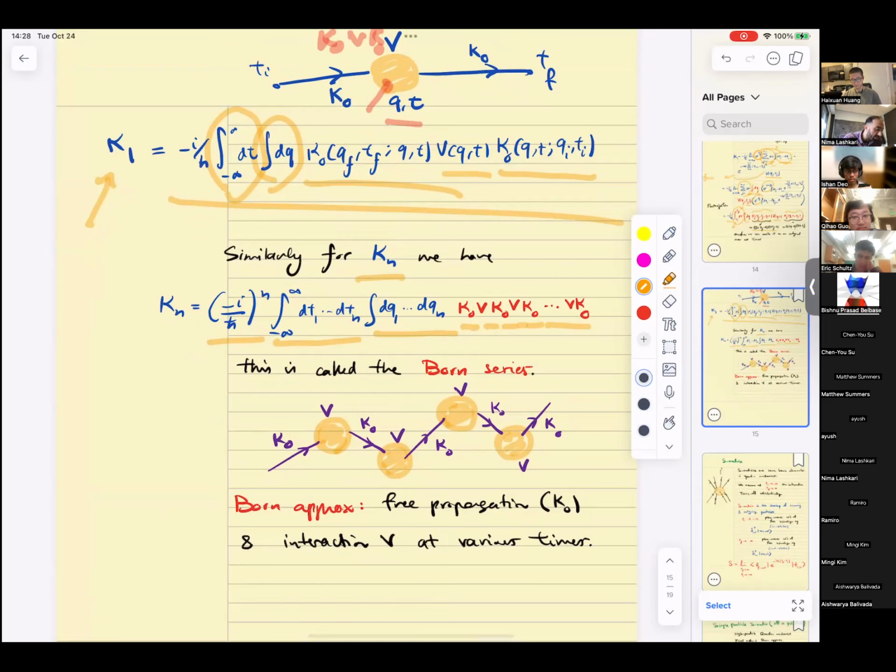Your particle propagates freely with K0. Then here it interacts, gives V, then it propagates, then interacts, propagates, interacts. If it interacts n times, it's going to contribute to Kn. Because we don't know where these interactions happen, we integrate over all possible locations and times where n interactions can happen. Is that clear?